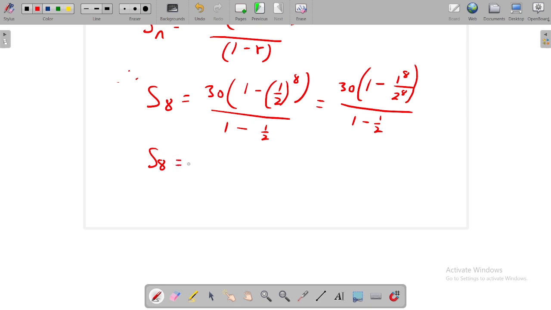Sum to 8 terms will now become 30, bracket open, 1 minus 1 to the power anything is still 1, all over 2 to the power 8, which is going to give us 256. Okay, let's go straight by looking for the LCM. LCM of 2, and you can say let this be over 1 if you like. How we do LCM is, if you get the LCM of the 2 denominators, use the denominators to divide the LCM you got, then use the answer to multiply the numerator.